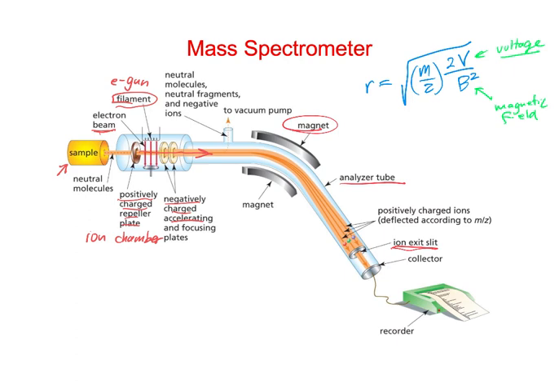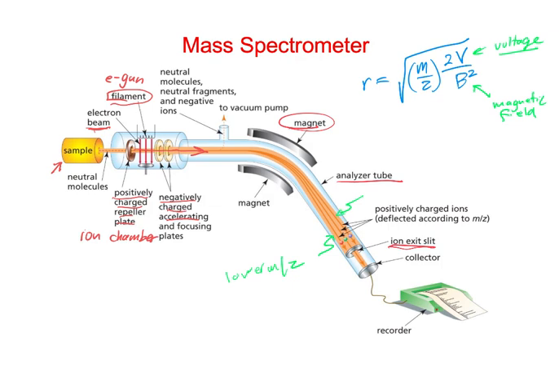And so if those are all set, then the mass to charge ratio is going to affect the radius of the curvature. Okay? And in general, lower mass to charge ratios are going to be deflected more. Okay? And higher mass to charge are going to be deflected less.